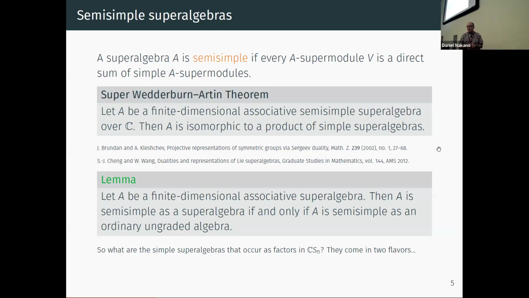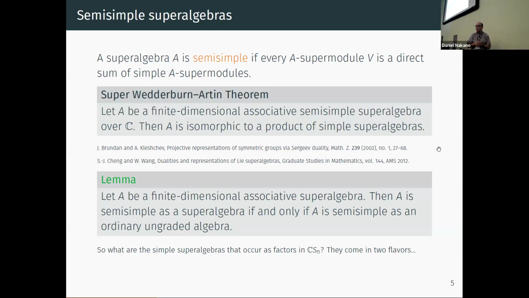So a superalgebra is semi-simple if every supermodule is a direct sum of simple supermodules. In this case, we're insisting that this direct sum decomposition be compatible with the ambient integer mod 2 grading, so it's imposing an extra restriction on that decomposition. Then the Wedderburn-Artin theorem says that a semi-simple superalgebra is isomorphic to a product of simple superalgebras, similar to the classical case.